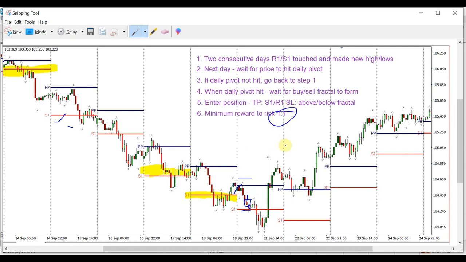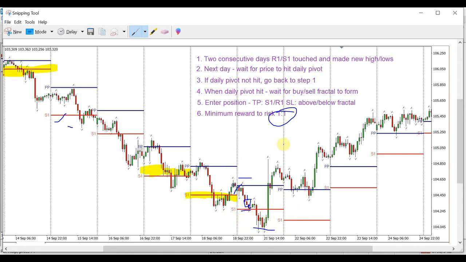Now if you're a scalper, then yeah, this might make logical sense to you, but if we're trying to keep things consistent to make a minimum 1-to-1 reward to risk, personally this wouldn't be a trade that I'd be looking to get into. Even though it does work out and you probably would have made your 1-to-1 beside the low that it went to at this level over here, that's not what we're into. We're not into looking at buts and maybes.